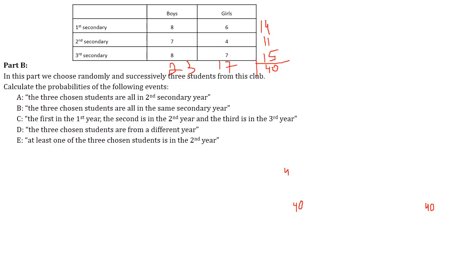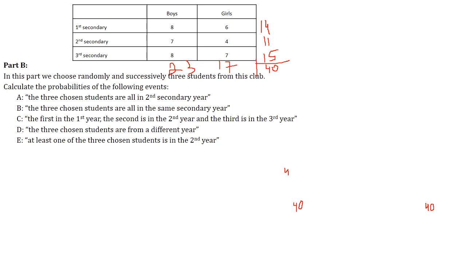Now we go for the second part, and from the same table, I'm going just to write the total again. So here we have 14, 11, 15, so the total is 40, and here we have 23, and here we have 17.